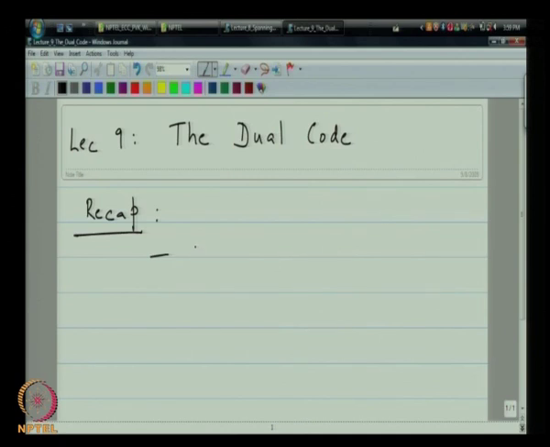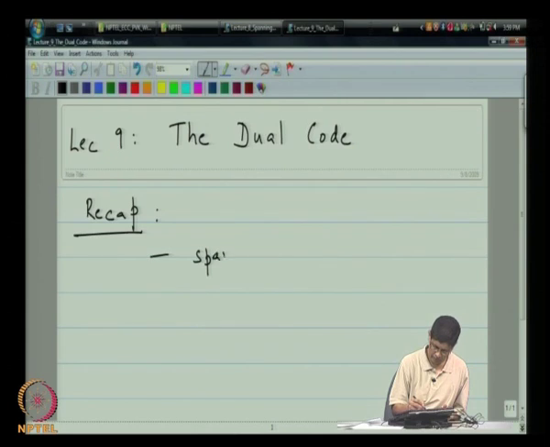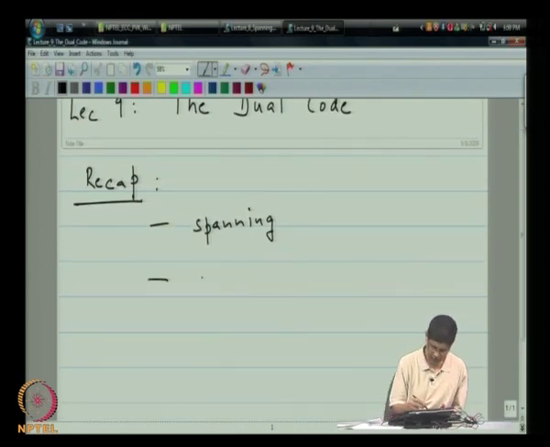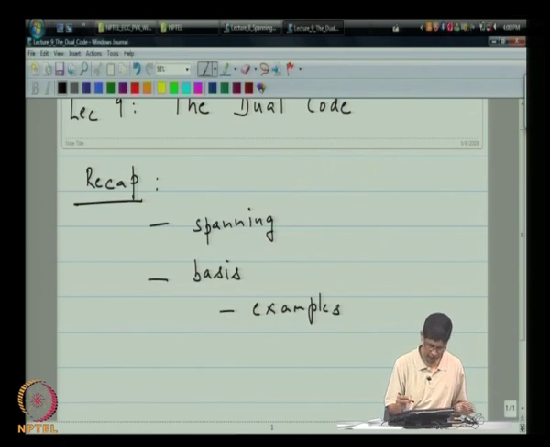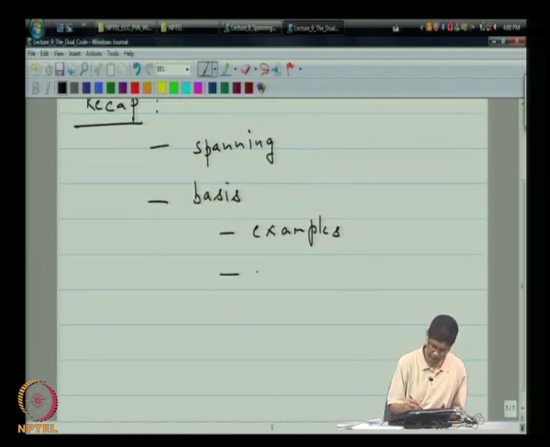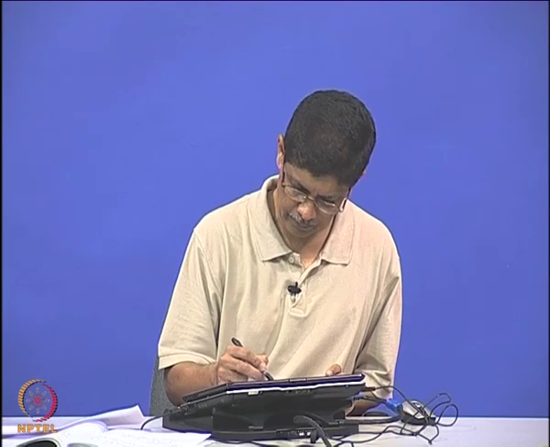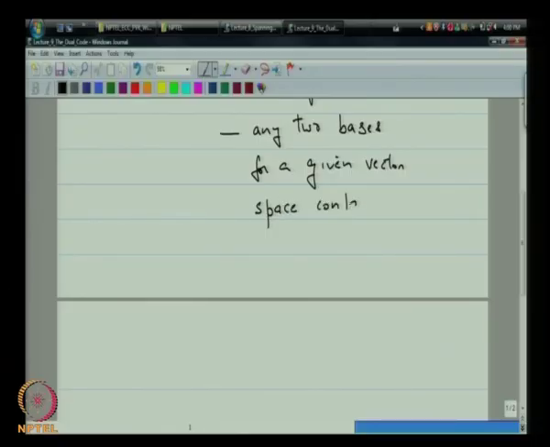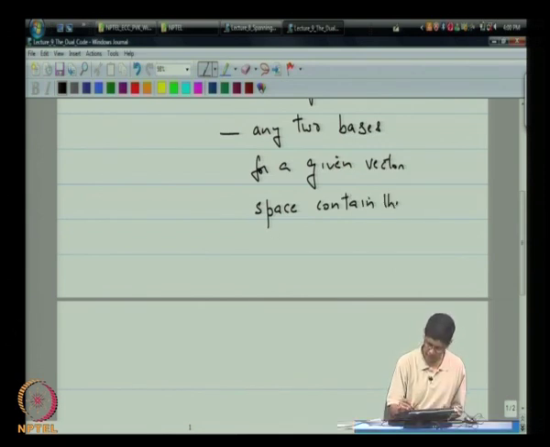So, in our recap, we have concluded our discussion on spanning. Then we defined what it means to talk about a basis for a vector space, and here we looked at examples, and we also proved that, roughly speaking, any two bases for a given vector space contain the same number of elements.